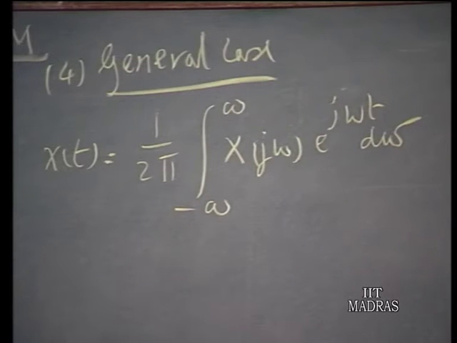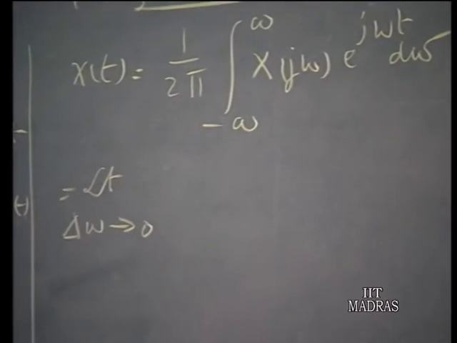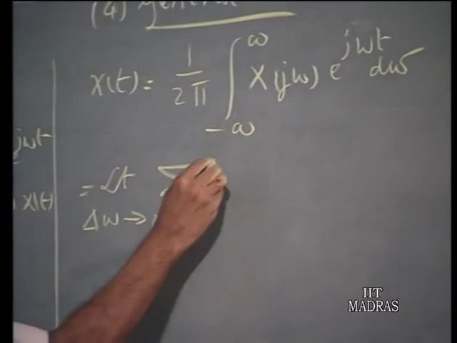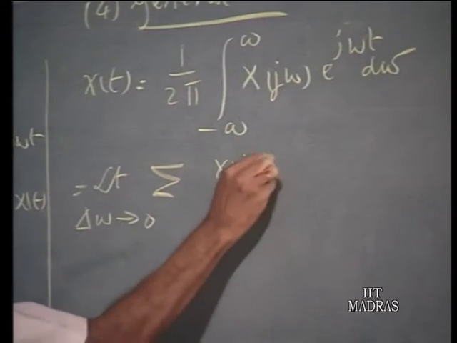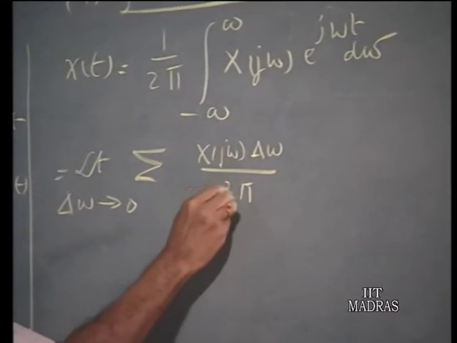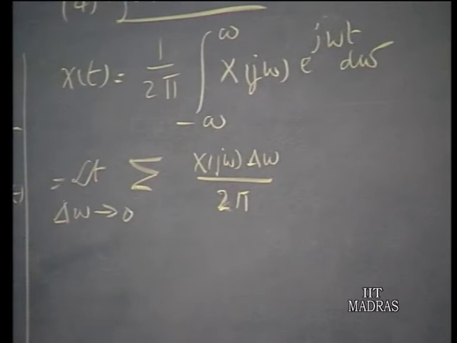You recall that this integral arose from considering a number of elementary signals of coefficient density X of j omega lasting from minus infinity to plus infinity. So, in fact, we said this is the limit as delta omega goes to 0 of a summation of a huge lot of terms X of j omega delta omega over 2 pi, this being the coefficient density and delta omega over 2 pi being the width of the elementary slice of the spectrum that we are taking.